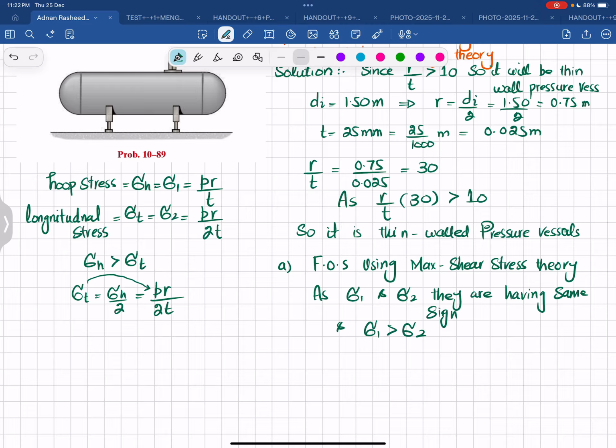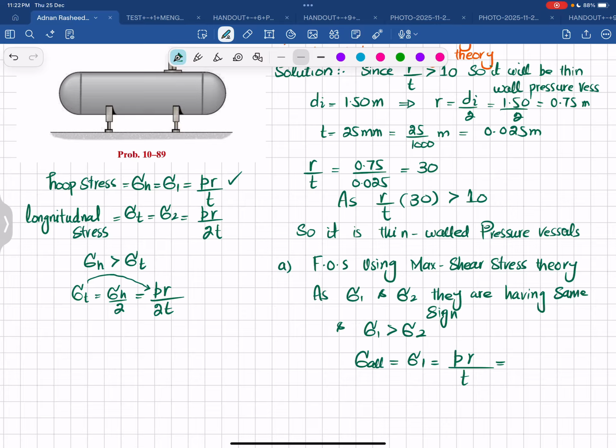So according to that, since sigma 1 is greater than sigma 2, the allowable normal stress will be equal to sigma 1. How will we find this? We have the sigma 1 formula, PR divided by T.